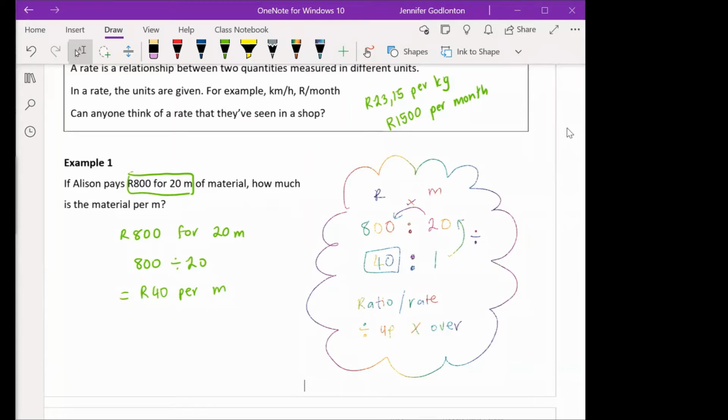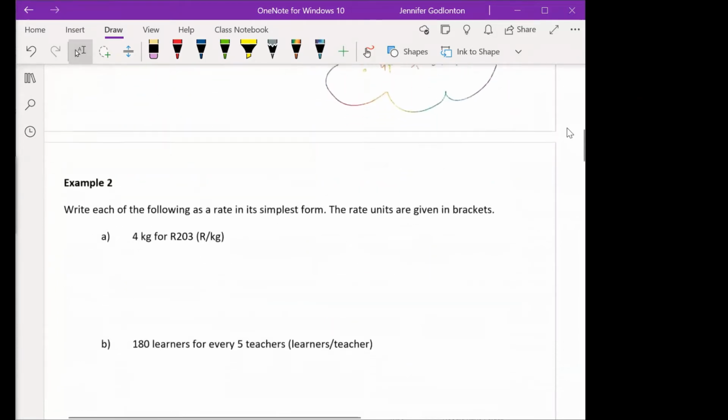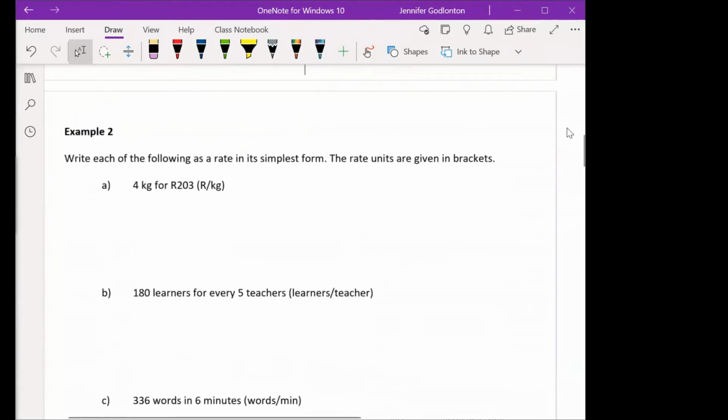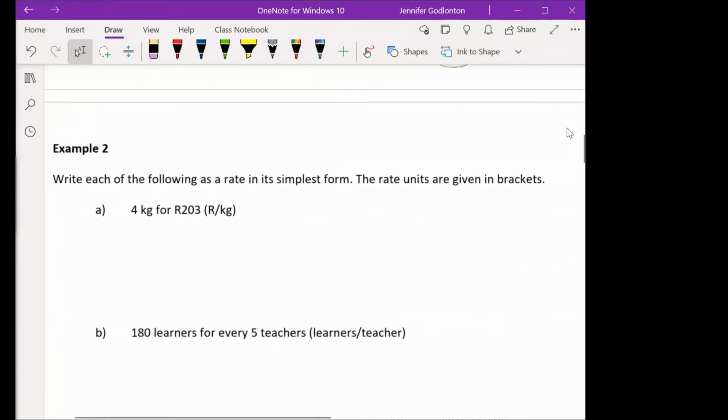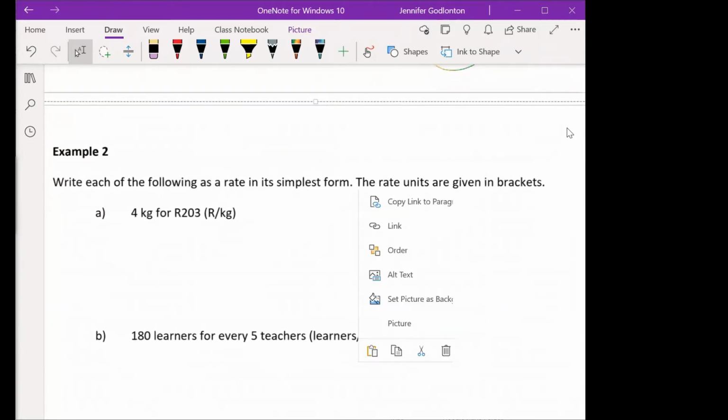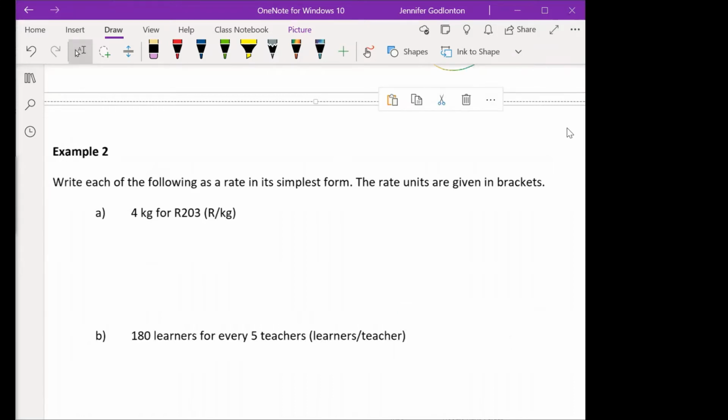Okay. All right, I'm going to move down. Okay, so example 2. We've got 4 kilograms for 203 Rand, and I'm wanting it as rands per kilogram. So let's write out our little ratio. Let's write our sneaky way of doing this. So we've got kilograms, and then we've got rands.